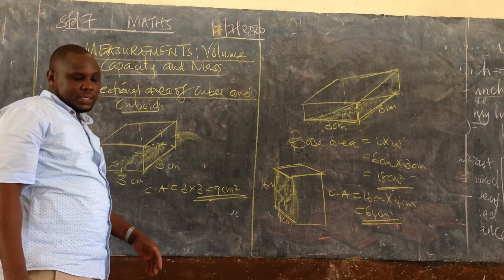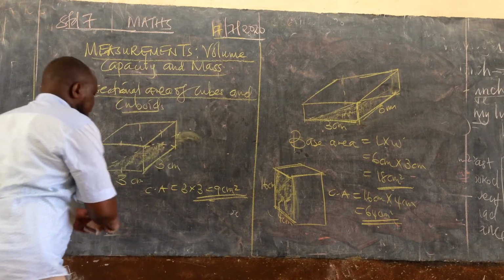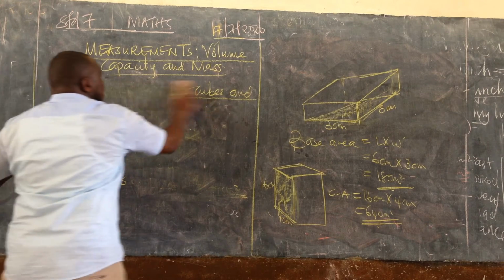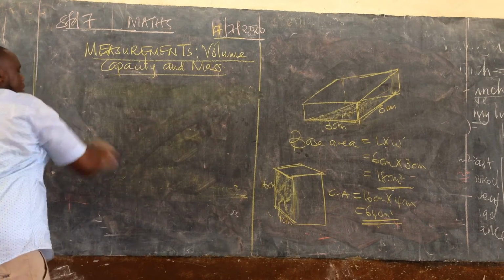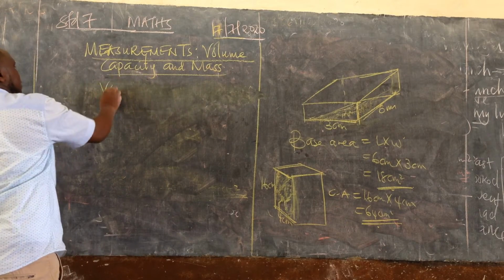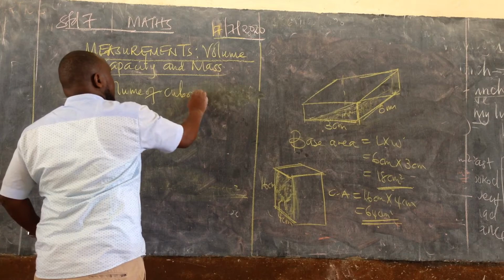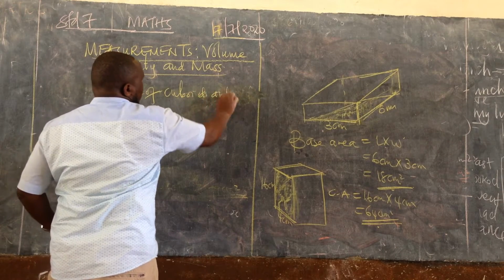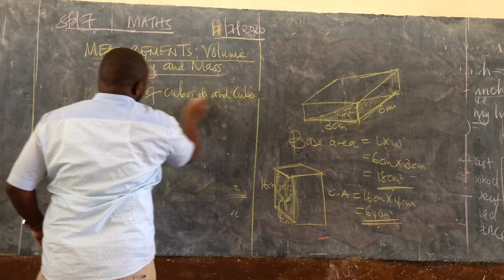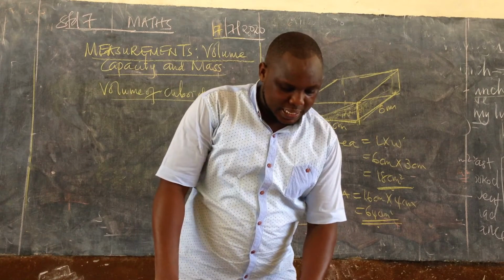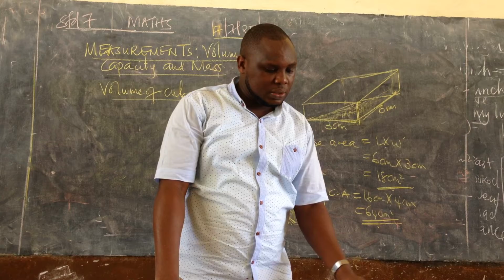Having known how to get the cross-sectional area, one has to move very fast to the volume of cuboids and cubes. I know we have done this before, but I want us to be very keen on what we are going to do exactly here. You're given, find the volume of boxes in questions.